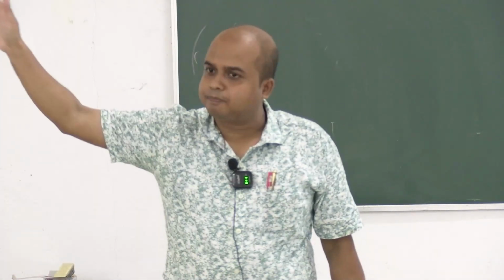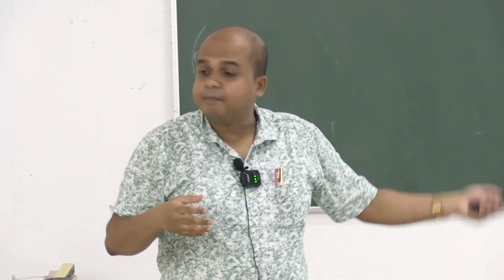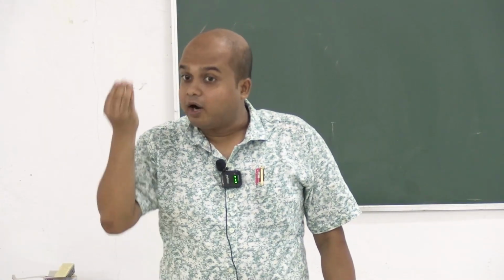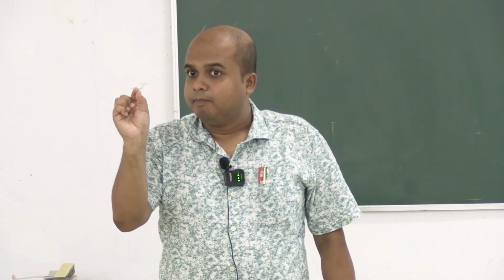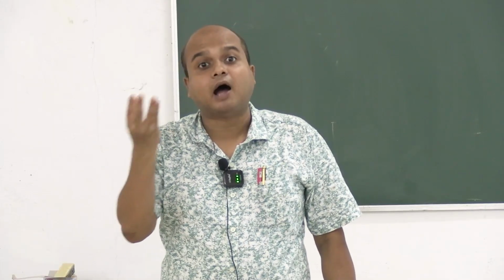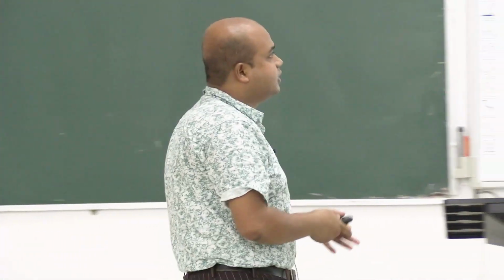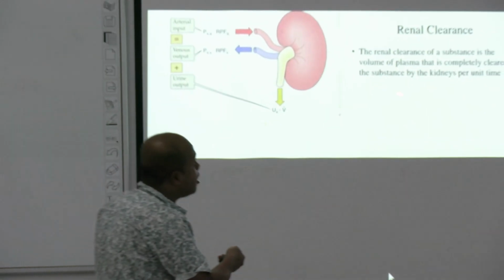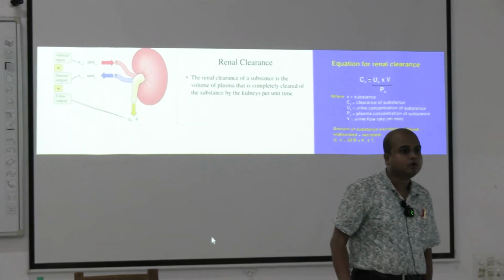Most of the sodium is going back into the blood through the renal vein to the body, but some is excreted through urine. Whatever is excreted in urine, a millimole or milligram, whatever, is contained in how much fluid. That is the concept of renal clearance. So just note this down: it is the volume of plasma that is completely cleared of the substance by the kidneys in unit time, and we will continue next day.